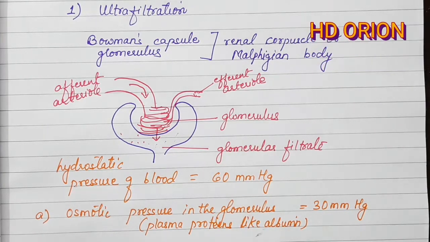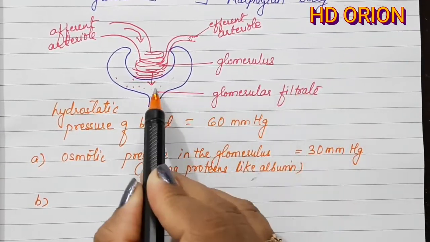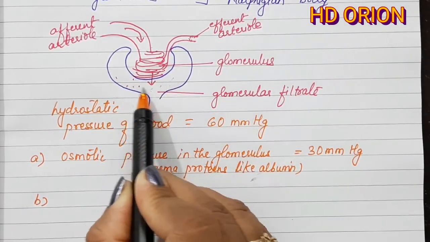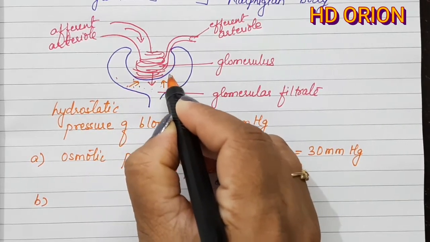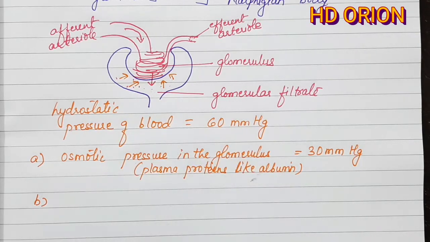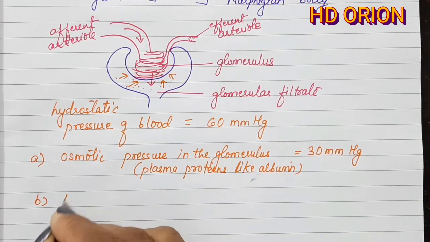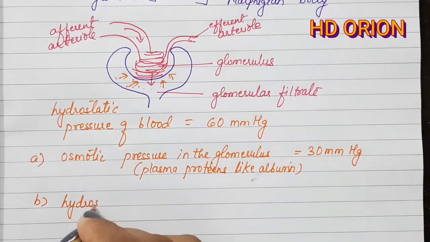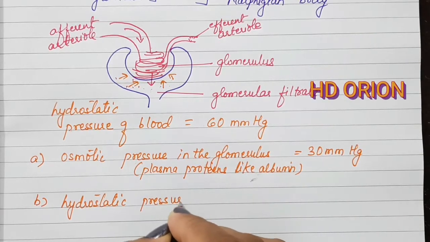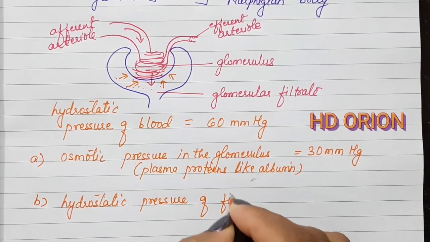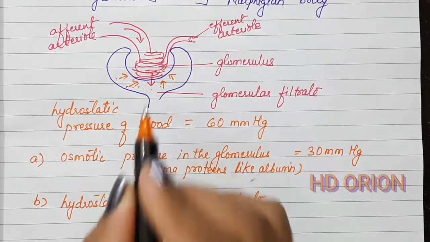The second pressure that is acting on this is from the glomerular filtrate. Now this filtrate which is accumulated over here also creates a reverse effect. It gives an opposite pressure to the filtration process, and this we call the hydrostatic pressure of the filtrate, this glomerular filtrate which is present in the Bowman's capsule.